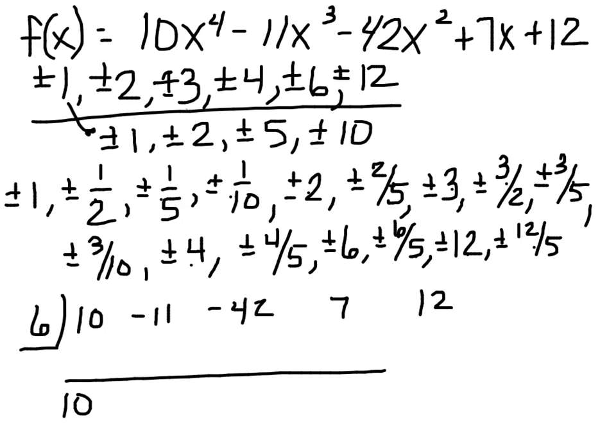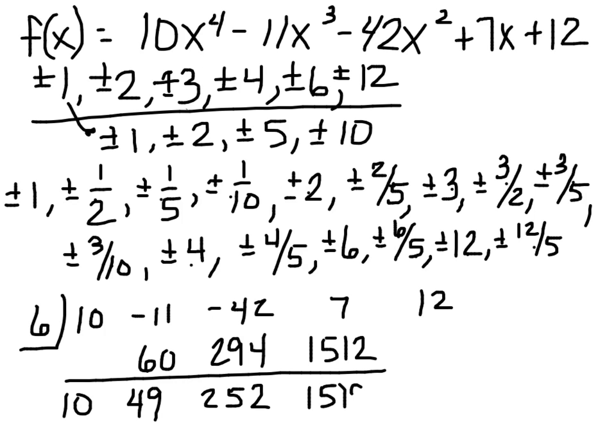What's 6 times 10? 60 minus 11? 49 times 6. 294 minus 42. 252 times 6. 1512 plus 7. 1519. 1519 times 6.